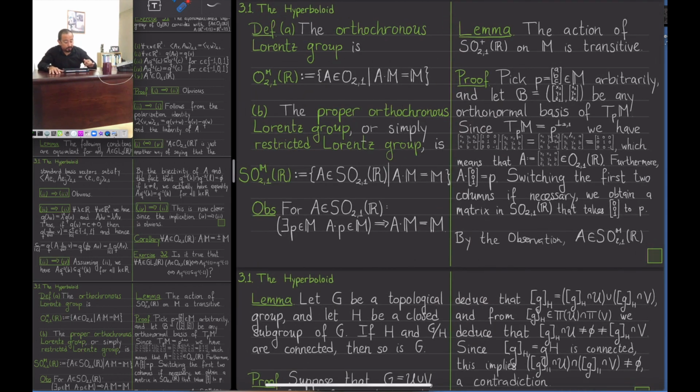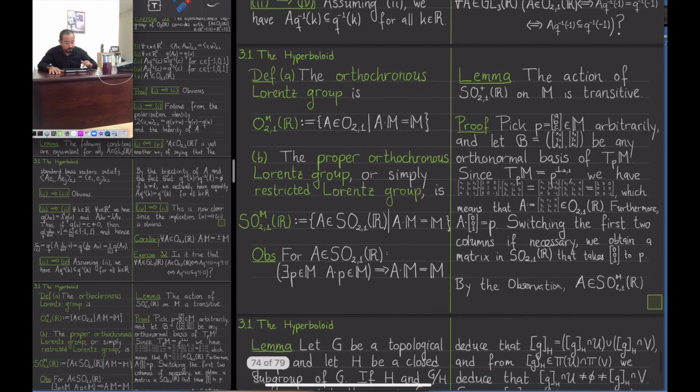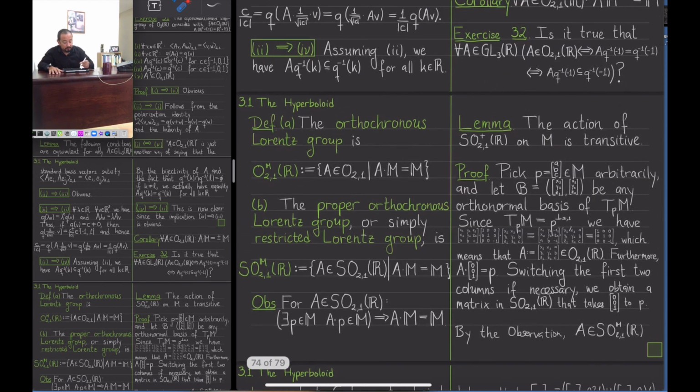So the action is transitive. Okay, good to know. And whenever one has a Lie group acting transitively on a manifold, one may be able to say something about the topology of the Lie group.